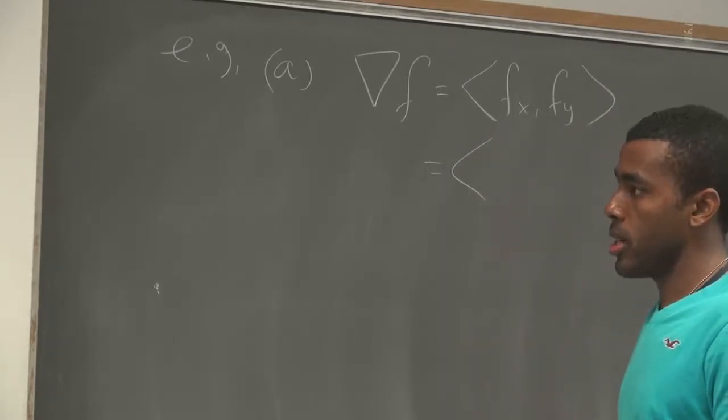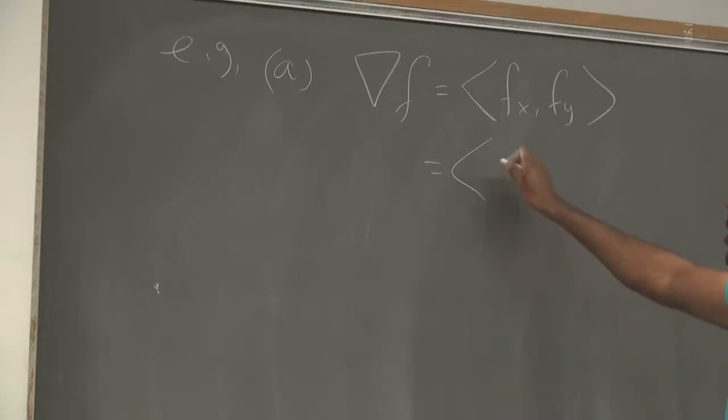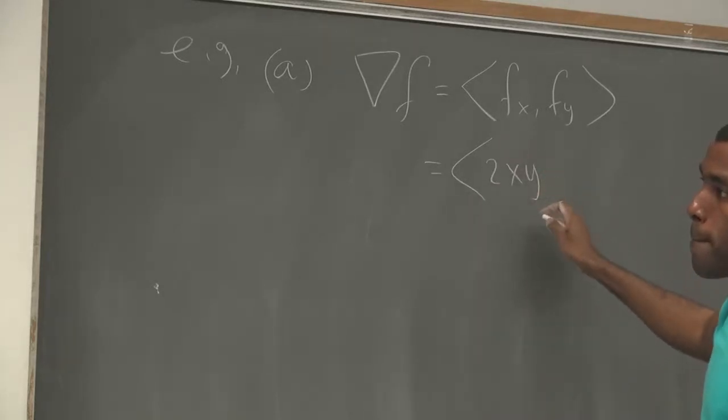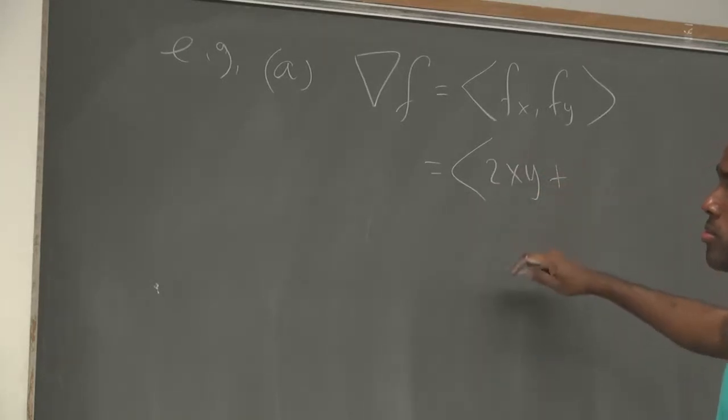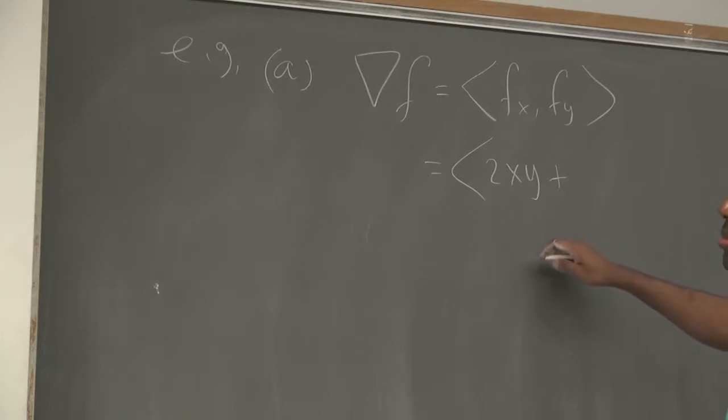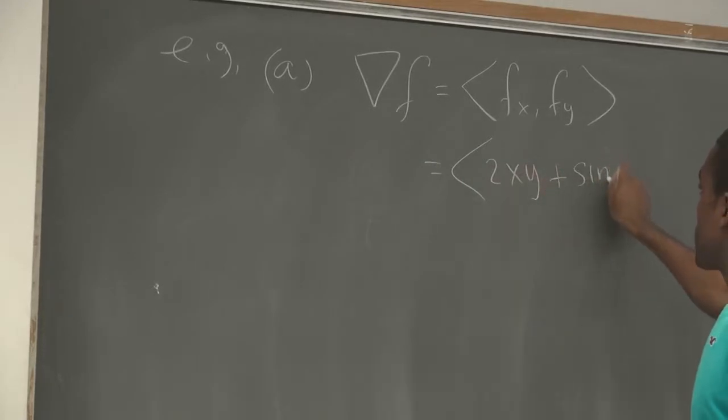So what's the partial with respect to x? 2x plus 1z plus ln of z. We're doing part A, comma, partial with respect to y, x squared.